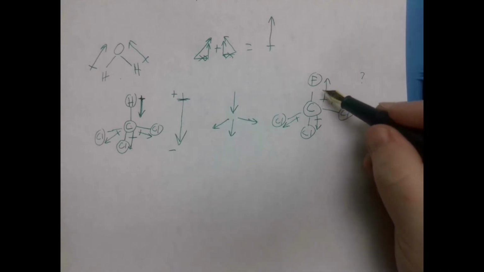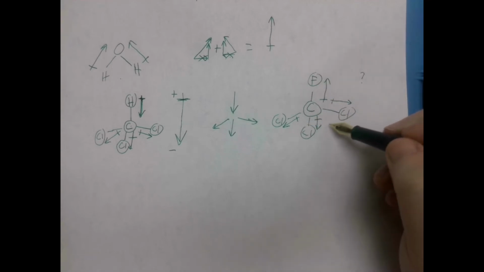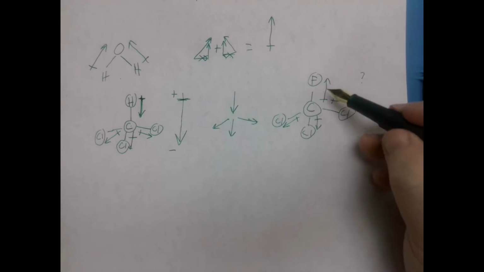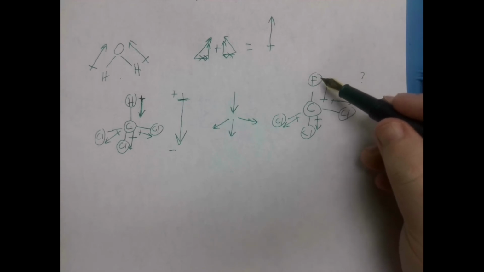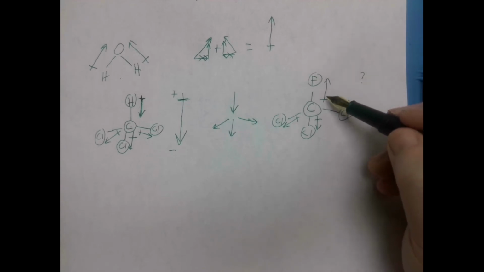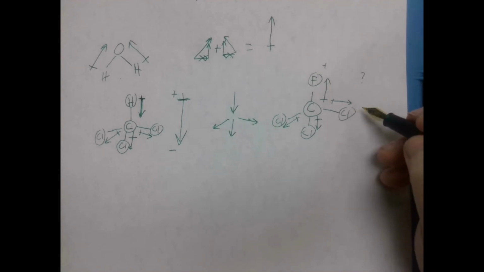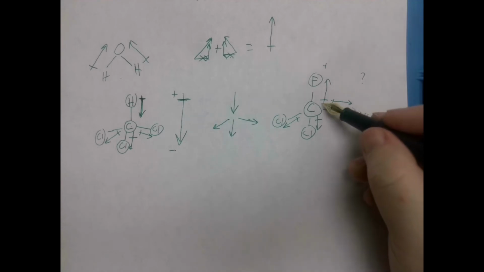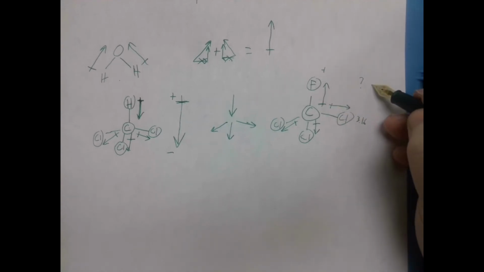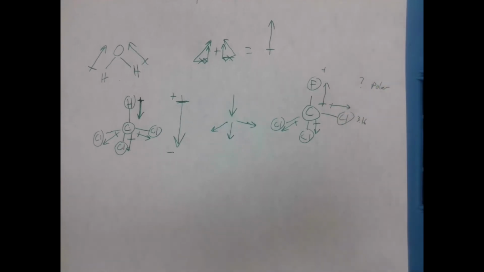It just depends on whether fluorine can pull more strongly than these three chlorines. And fluorine does pull more strongly, because remember, fluorine is a 4 and chlorine is a 3.16. I would think this would still be polar, but ever so slightly polar. Where did I get the 4 and 3.16?